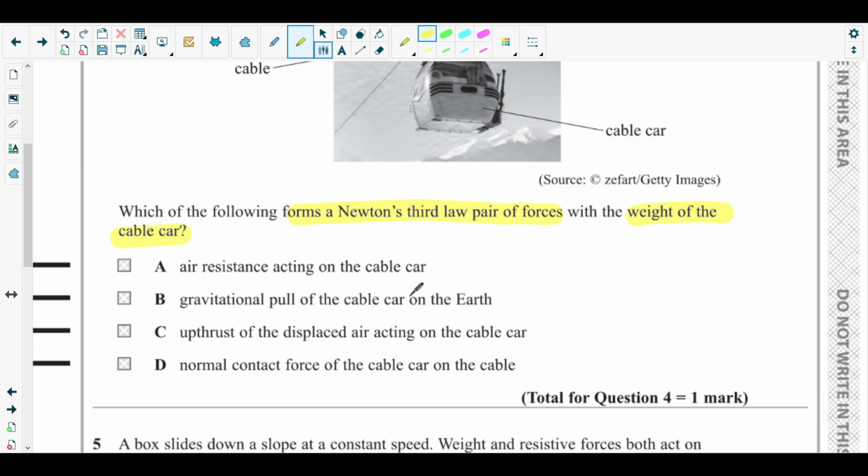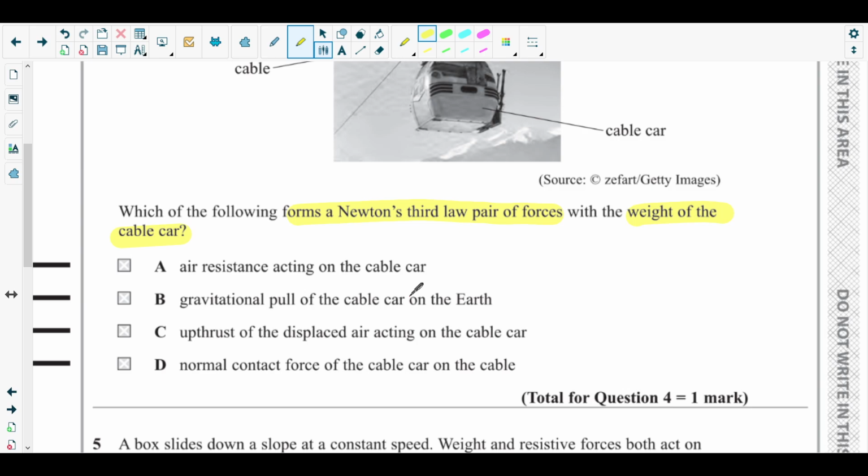Action reaction. Okay? So now you might say it is kind of weird, like the cable car is pulling the earth. It might seem unfamiliar or weird, because how can the cable car attract the so heavy, so massive earth, right?